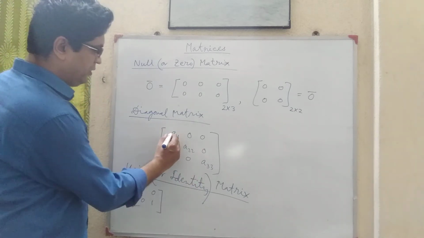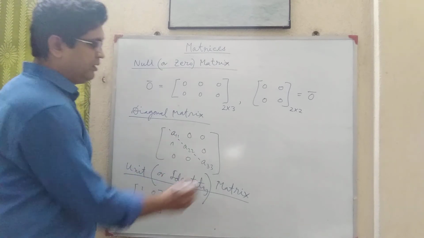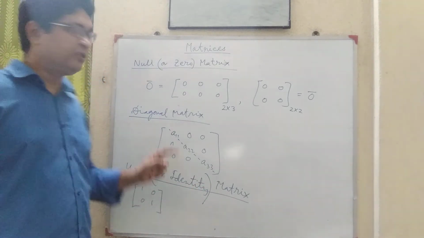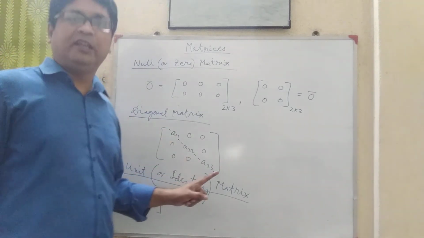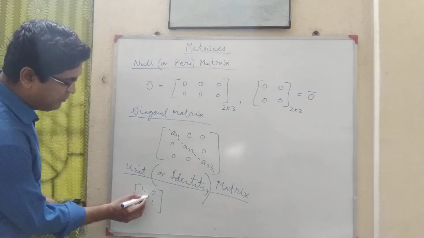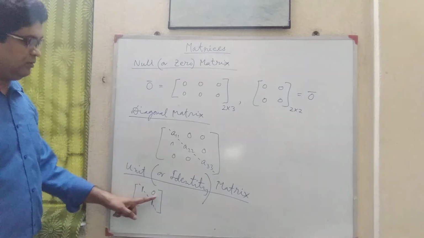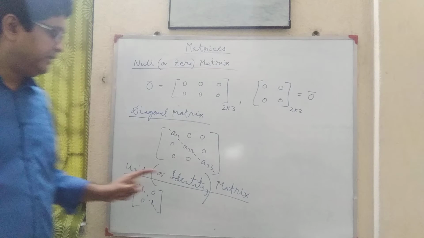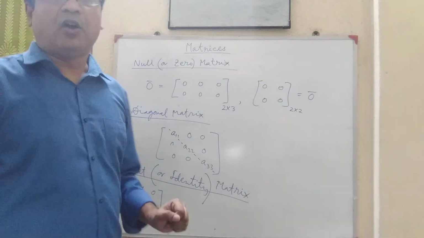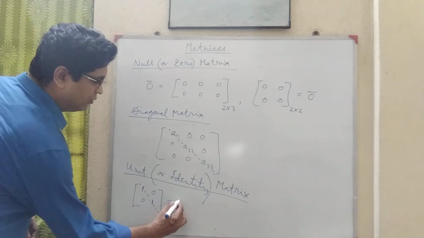As I told you in determinants, this diagonal is known as the principal or leading diagonal. So when all the leading diagonal elements are 1 and the other elements 0, then that square matrix or diagonal matrix is called a unit or identity matrix, and this matrix is denoted by I2.